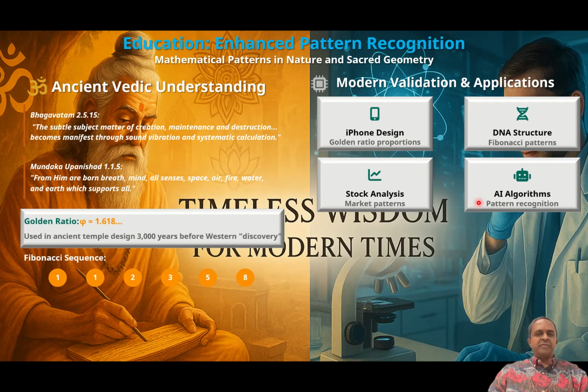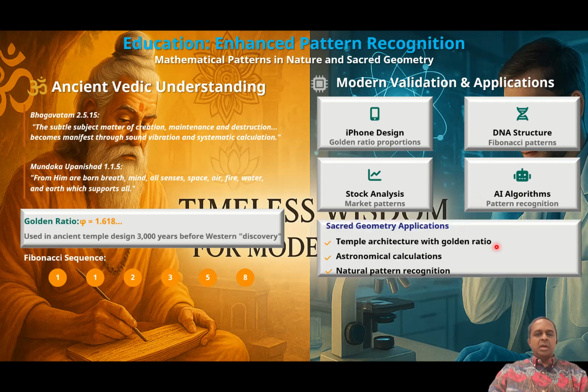Ancient temple architecture with golden ratio proportions, precise astronomical calculations, and using geometrical principles. These were prevalent when you look at the old temple architecture. The mathematical calculations like golden ratio and the geometric accuracies were all visible. Modern, and also natural pattern recognition.